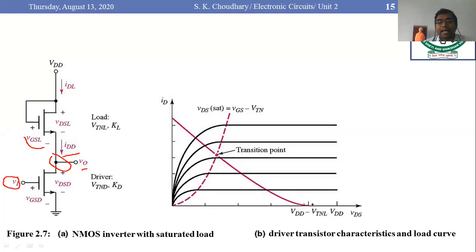But as we are using the enhancement load, the output voltage would not reach the maximum value VDD. It is less than VDD, and the maximum value of the output voltage here is VDD minus VTNL. And there is some curve-like structure here. This is the basic difference between the general MOSFET and this enhancement load inverter.